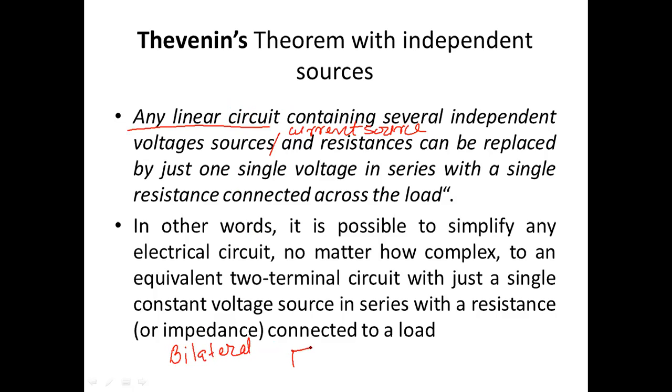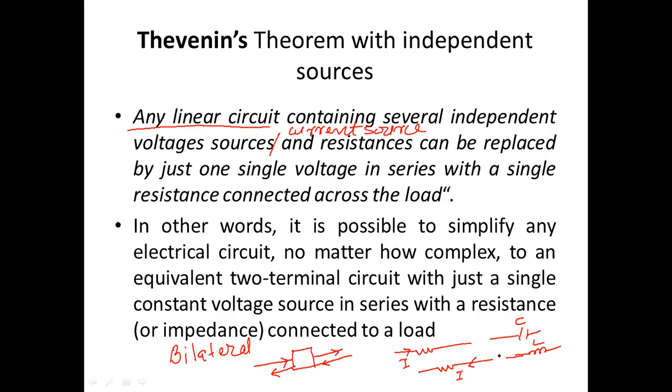The meaning of bilateral is that, suppose here I am giving the current in this direction and here the current is coming outside. If we change the direction of the current, we can also send current the other way. As in the example of a resistance, we can send current in this direction, and the same resistance we can also send current in the opposite direction. The same holds for a capacitor and for an inductor.